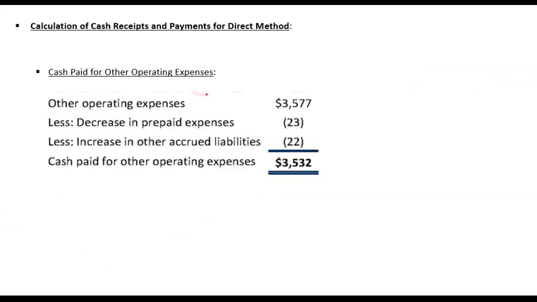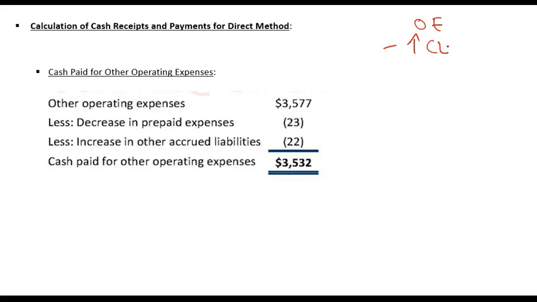Similarly, for cash paid for other operating expenses, the same structure would be used. So what will you do? You will take operating expenses, that is your expense from the income statement, and then you will subtract the increase in the current liability related to that operating expense, that is operating expense payable. But sometimes you also prepay some expenses, you make an advance payment, that is your asset.